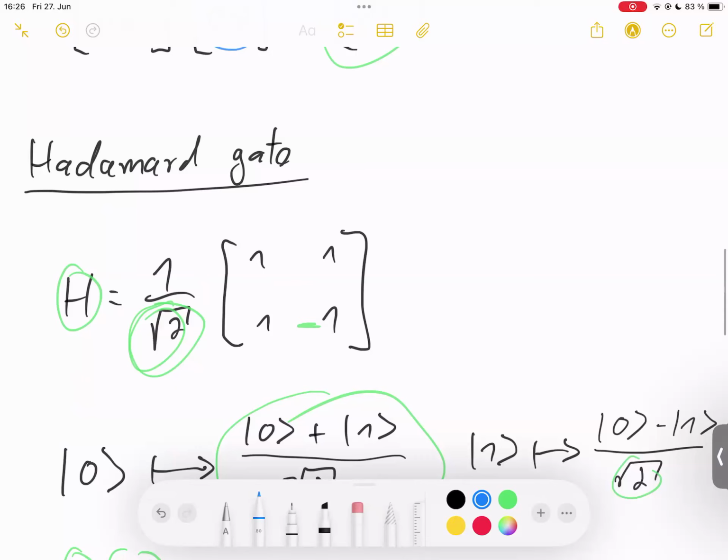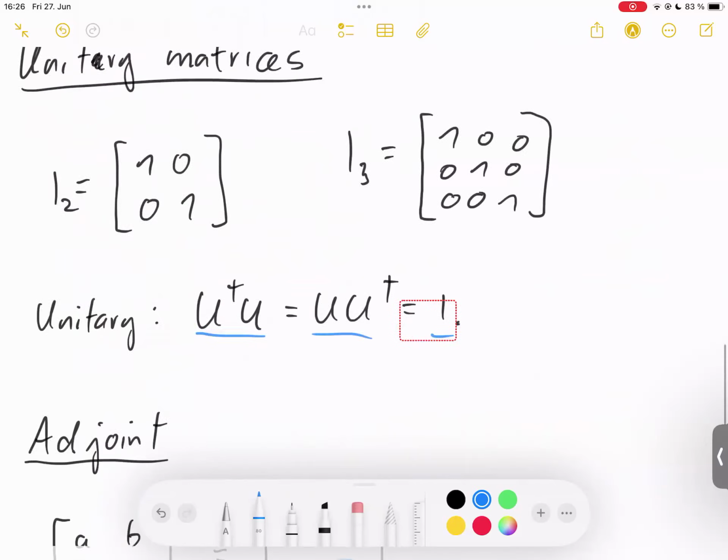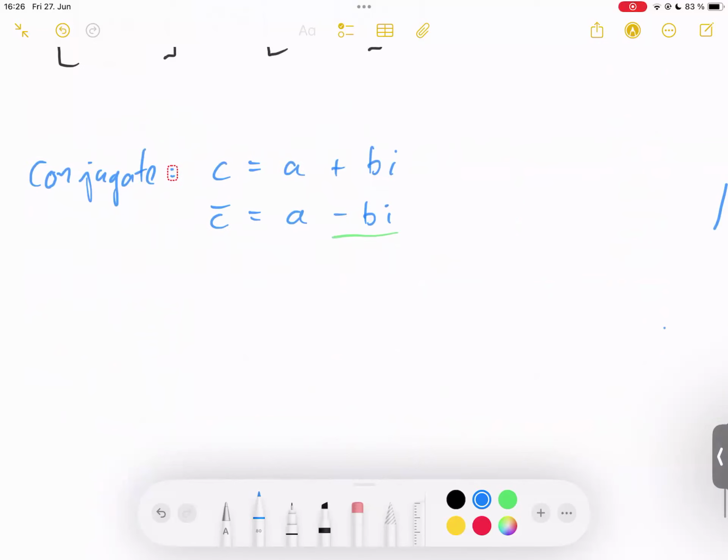And I'll tell you soon why these unitary matrices are so important in quantum computing, but we'll do a quick assignment about the adjoint together. So I have a 2 times 2 matrix, say 6 minus 3i, 2, 9i, and minus 2 plus 4i, and I want its adjoint.